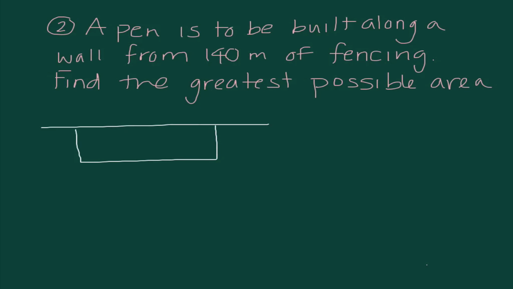So I'm going to start here by drawing this out. There's the wall, and I'm going to say this is the length x. I know that the opposite side is also going to be x. Now with my picture, I know that this length is going to be whatever is left over.